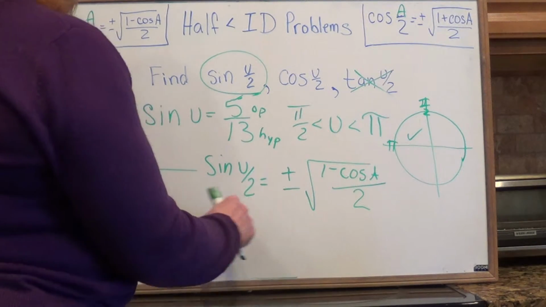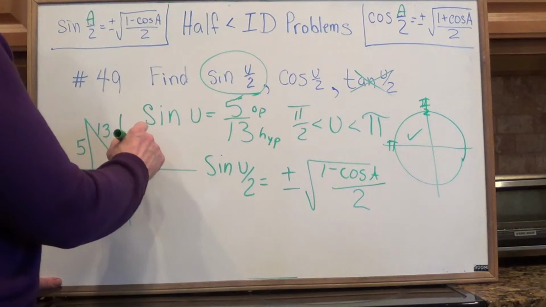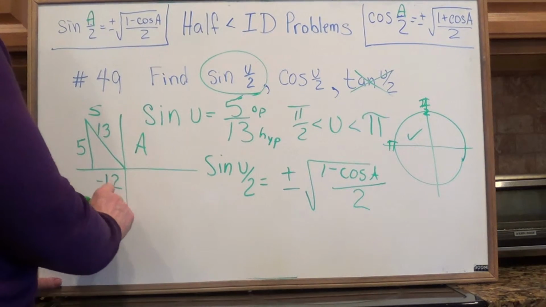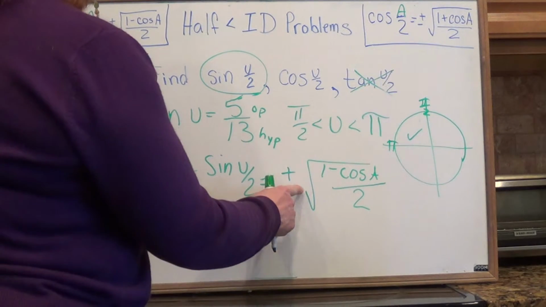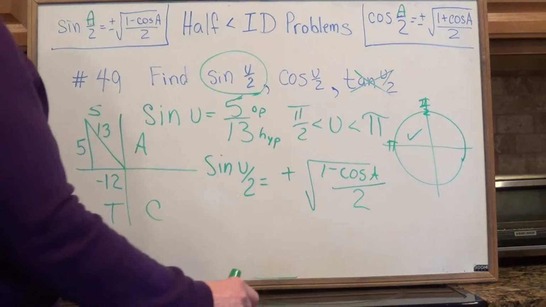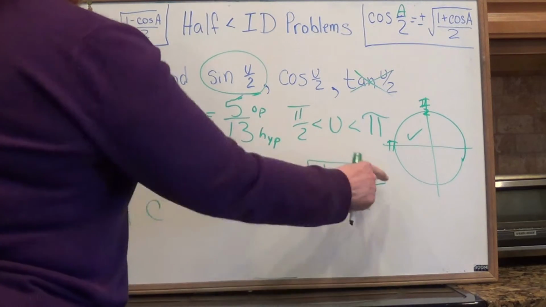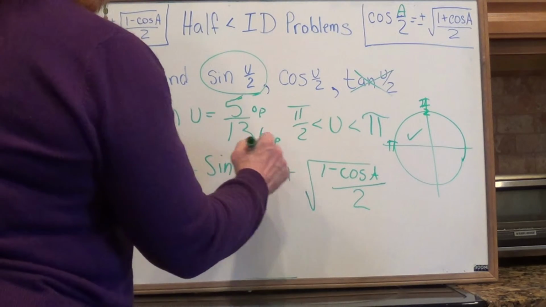Did you notice that since we're working in the second quadrant, and all students take calculus, the sine is always positive in the second quadrant, so I'm going to choose the positive result. And again, I mixed up my a and my u. I'll just call them all u.